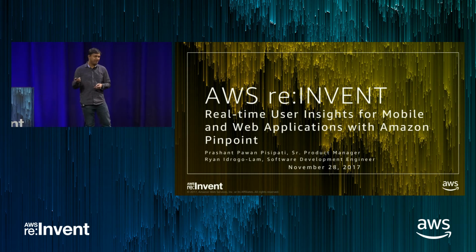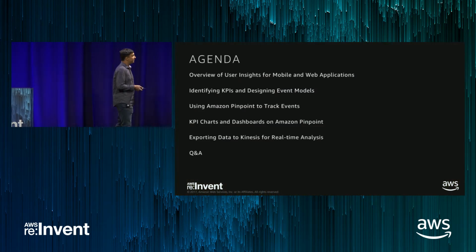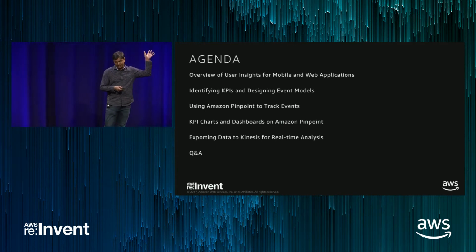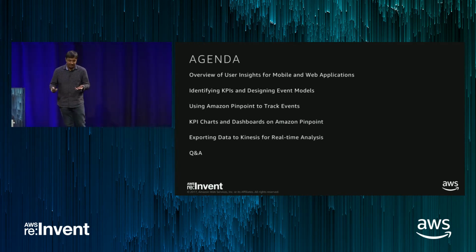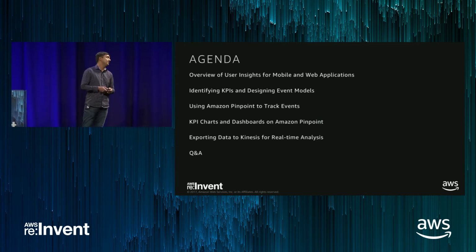Now, to help me in my discussion today, I'm going to cover these topics. I will start with a discussion of what user insights means for mobile and web applications. I will then discuss a couple of frameworks where you can use something called key performance indicators, KPIs, to measure user insights.